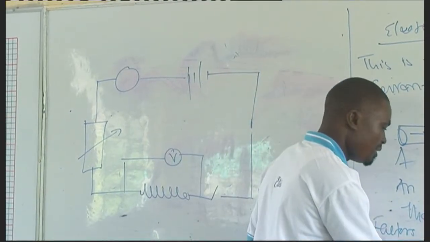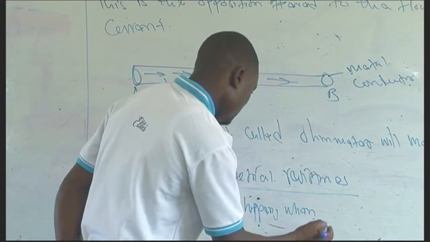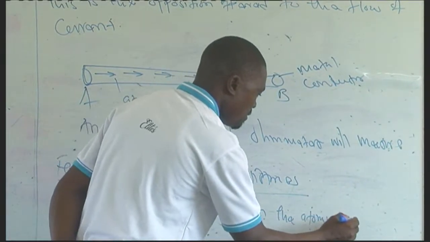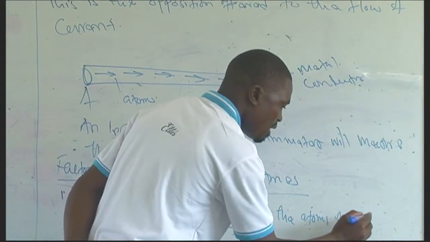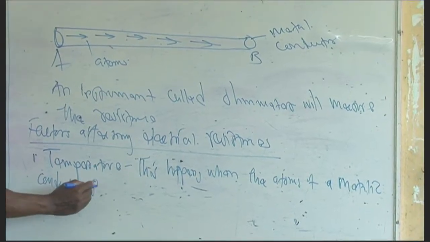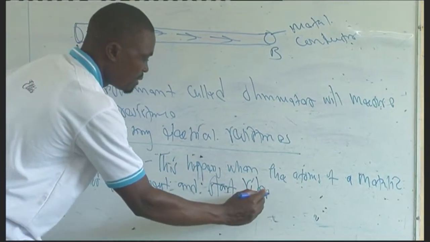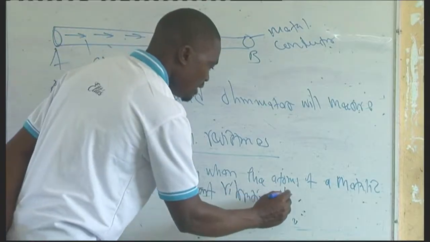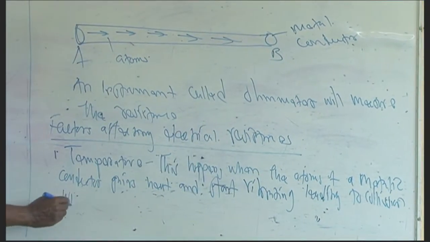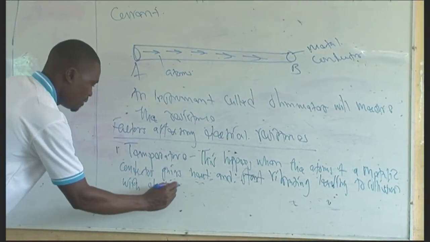So we can say that this happens when the atoms of a metallic conductor gain heat and start vibrating, leading to collisions with electrons.